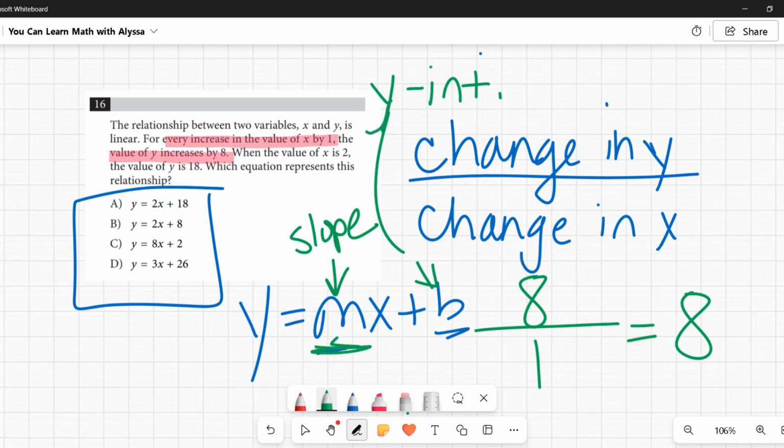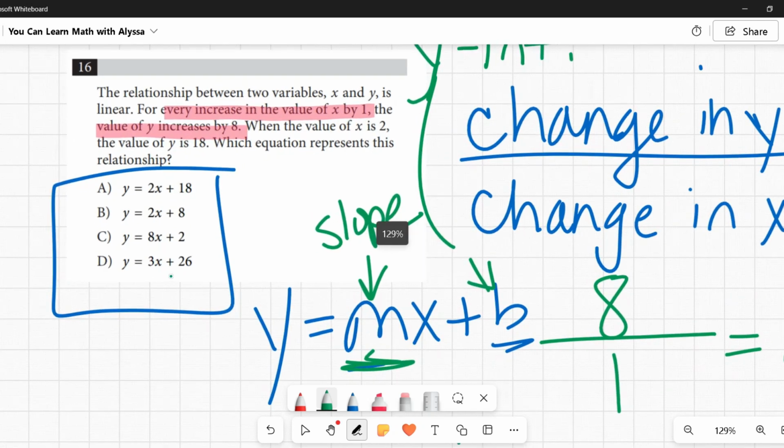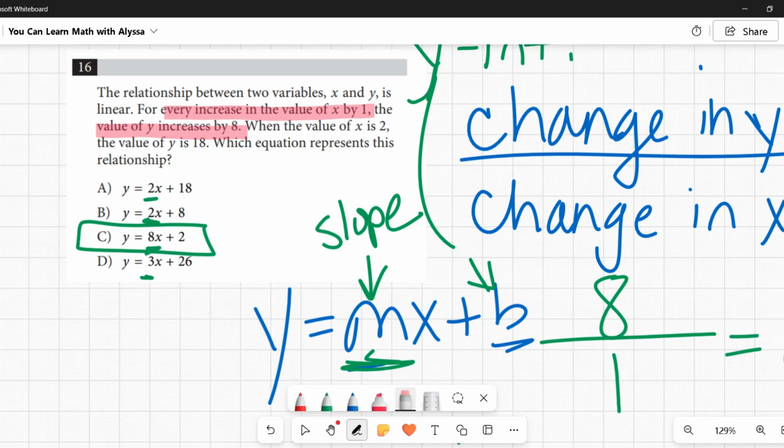So the m, the coefficient of the x, is the slope. Well, look at my answers. Here I have one with a slope of 2, slope of 2, slope of 8, slope of 3. There is only one line here that has a slope of 8, which is what I need. So that's enough for me to say C is my answer.